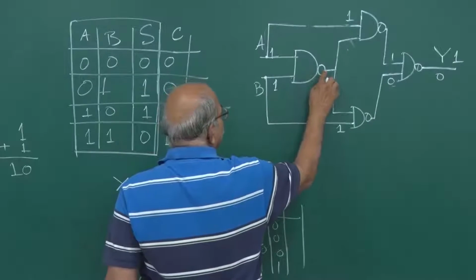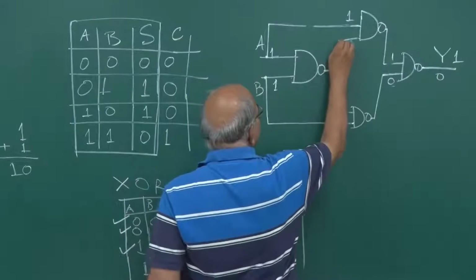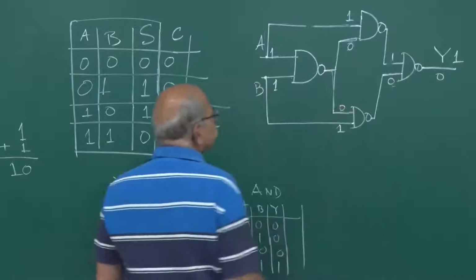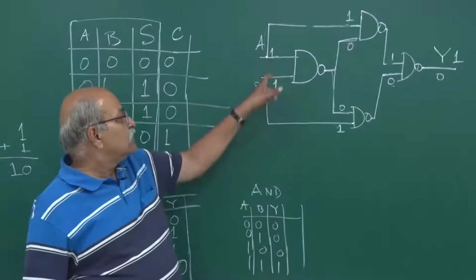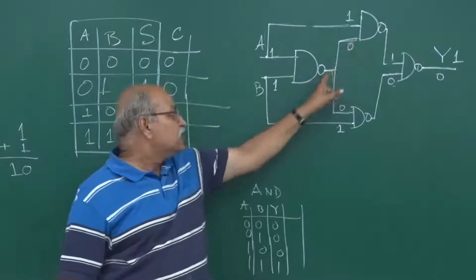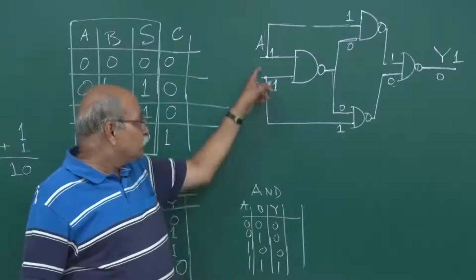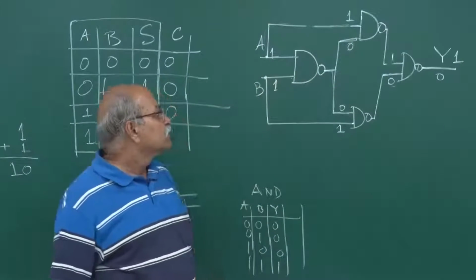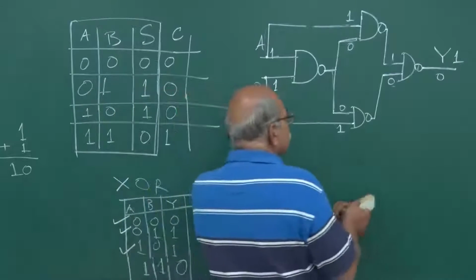And NOT of that will be 0. So, this is 0 going here and this is going 0 here. Correct? 1 and 1 gives you 1. NOT of that is 0. That 0 goes here, that 0 goes there. And this 1 is directly fed here. This 1 is directly fed here. So, what is 1 and 0?